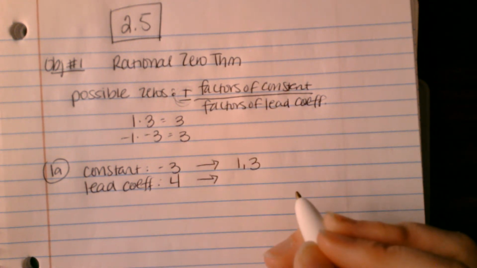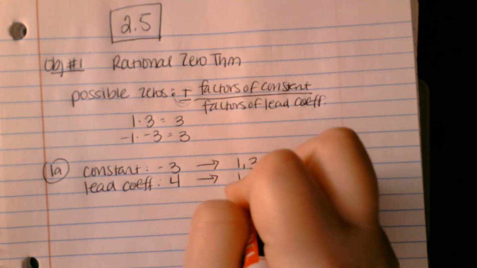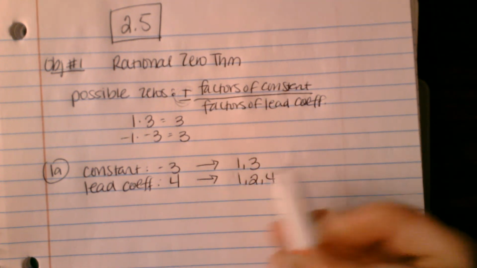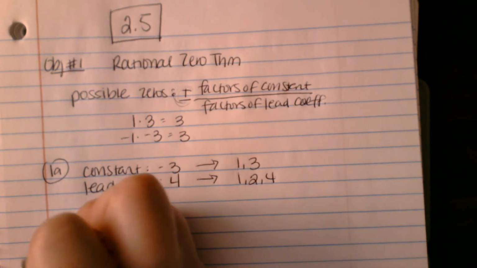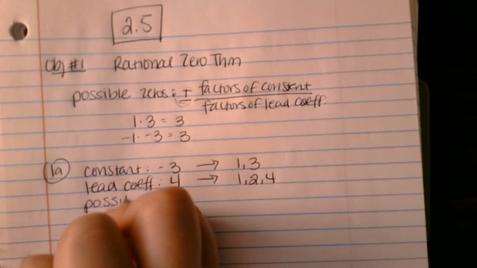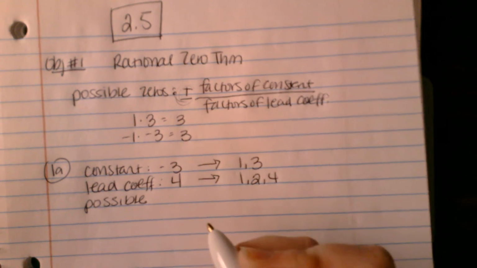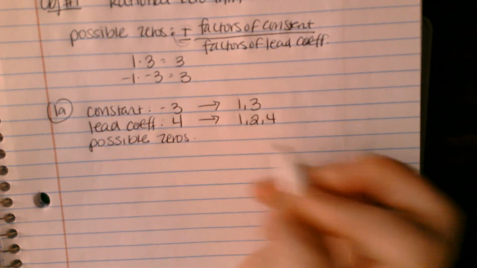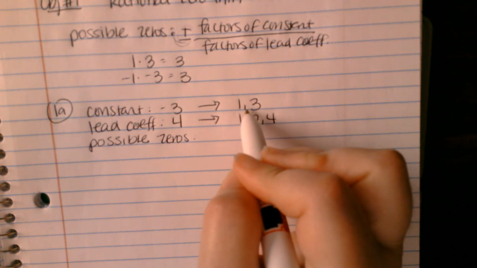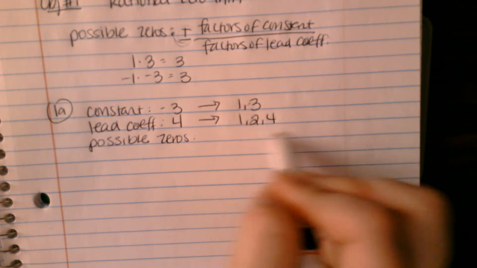The factors of my leading coefficient are 1, 2, and 4, so 1 times 4 or 2 times 2. Which means your possible zeros are everything of each one of these over each one of these.